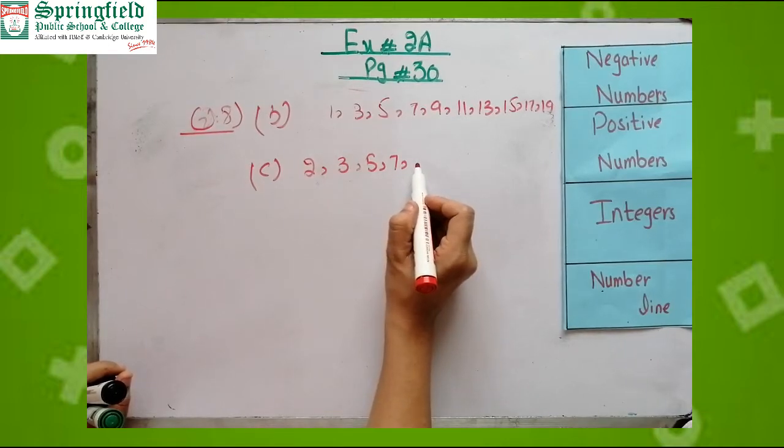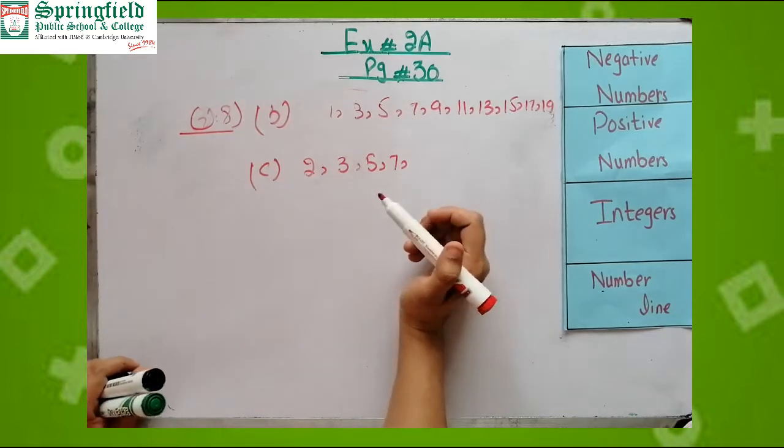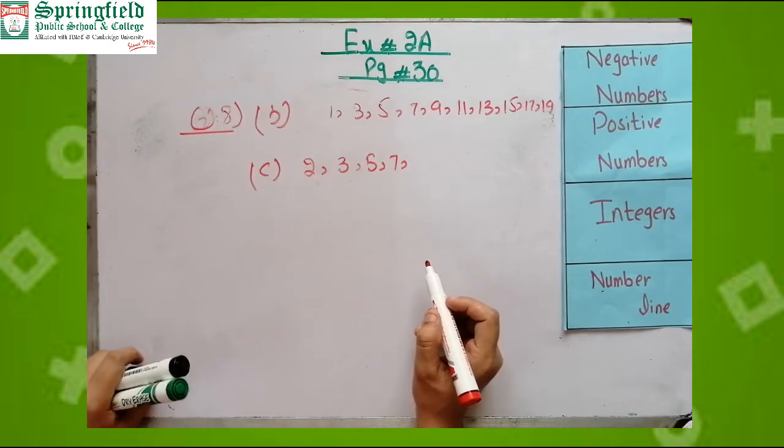Is 9 a prime number? No. 9 comes in table 1, 3 and 9 itself, so 9 is not a prime number. So write out the prime numbers less than 10.